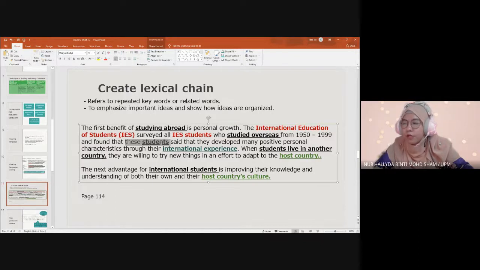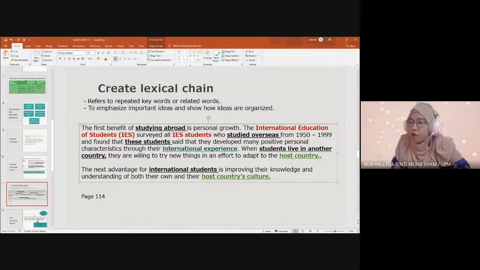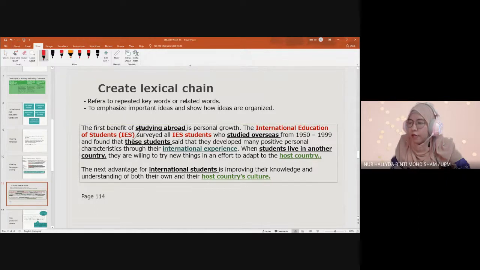Here, I use these students, it should be this student. All right. So just now I said studying abroad, who studied overseas, and then I just said student, students. This here refers to those who studied overseas, okay? Studied overseas.